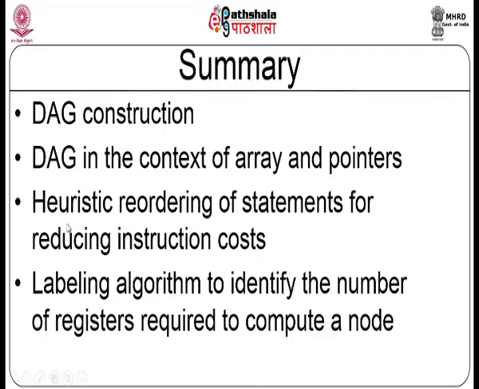The heuristic reordering is under the principle that the parent should be listed before its children are listed, or I can say before listing a particular node, all of its parents must be listed. And the labeling algorithm is on the basis that when I am trying to label an interior node, its children should all be labeled. So this is the strategy used by these two situations.